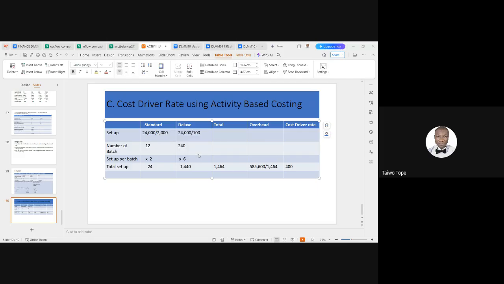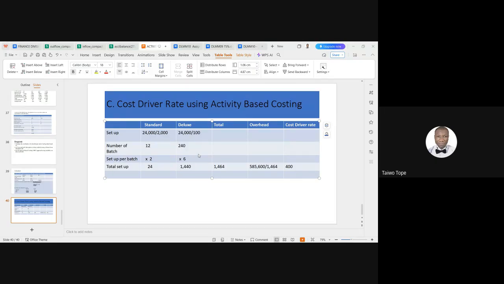If the total setup is 1,464 and we've allocated 585,600 for setup, it means that 585,600 is the ceiling, the budget. You cannot go beyond 585,600.